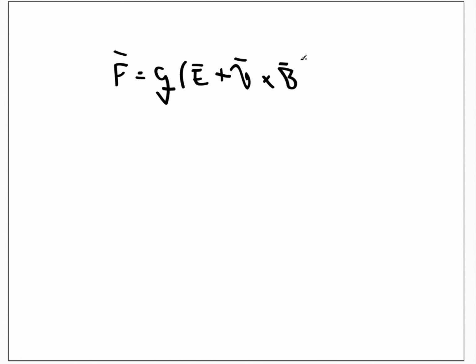So this is the famous Lorentz force. What this means, for example, is if you have an electric field here, that electric field will accelerate charged particles. For example, positively charged ions would be accelerated in the direction of the electric field. So plasma will also react to the presence of the electric field in a similar fashion.